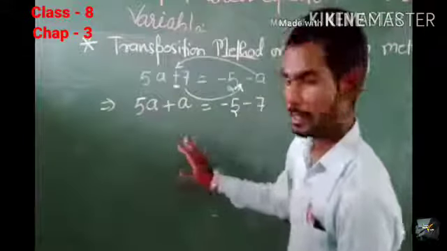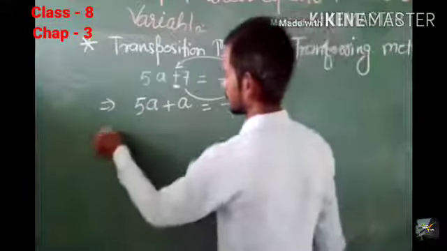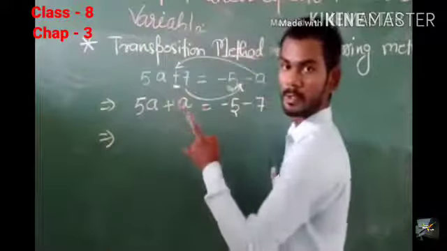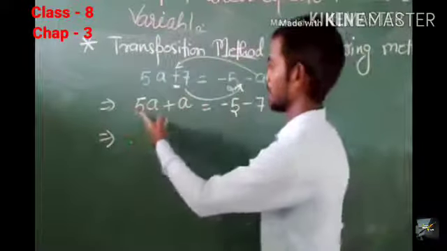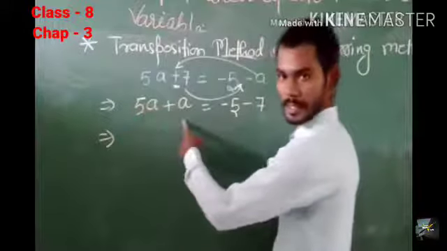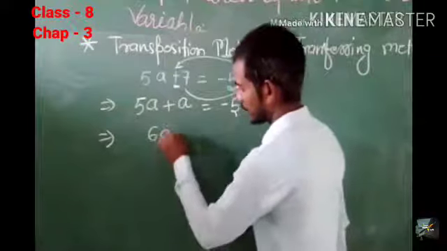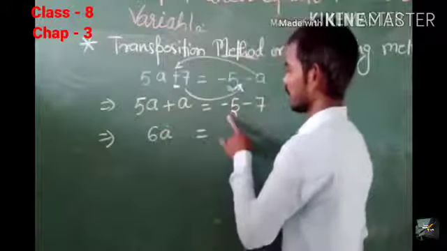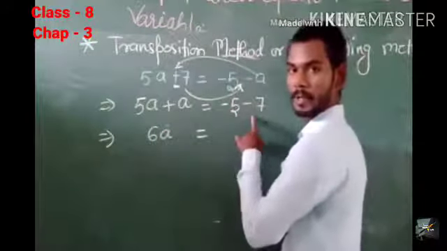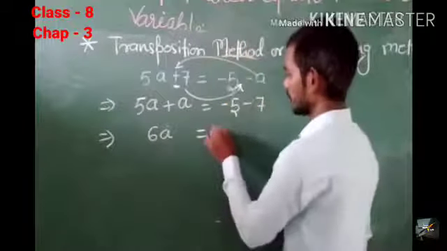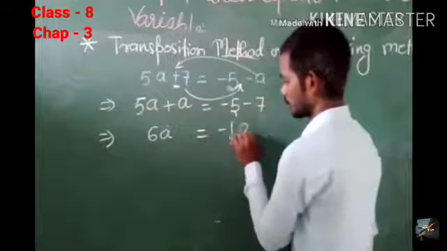Is that clear? Now in the next step, both quantities are positive, so they are added. 5a plus a is equal to 6a, and this is equal to minus 5 minus 7, they are also added with the negative sign, this gives minus 12.